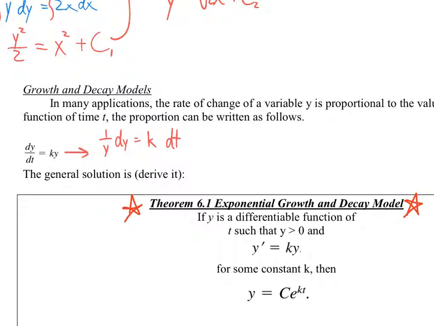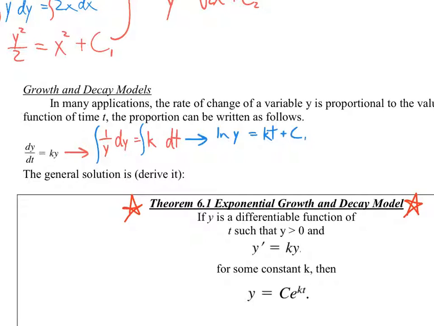All right, so we do this, and then we take the integral of both sides, and you'll notice what we end up with is ln of absolute value of y equals k times t, plus c.